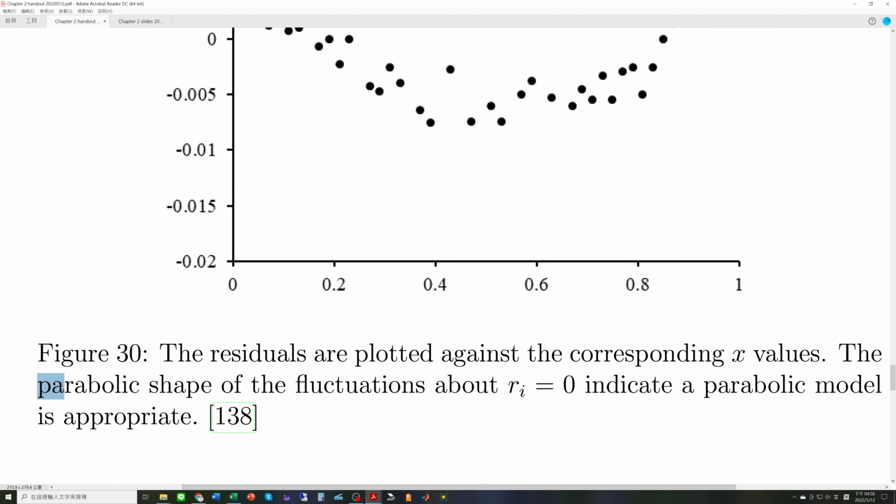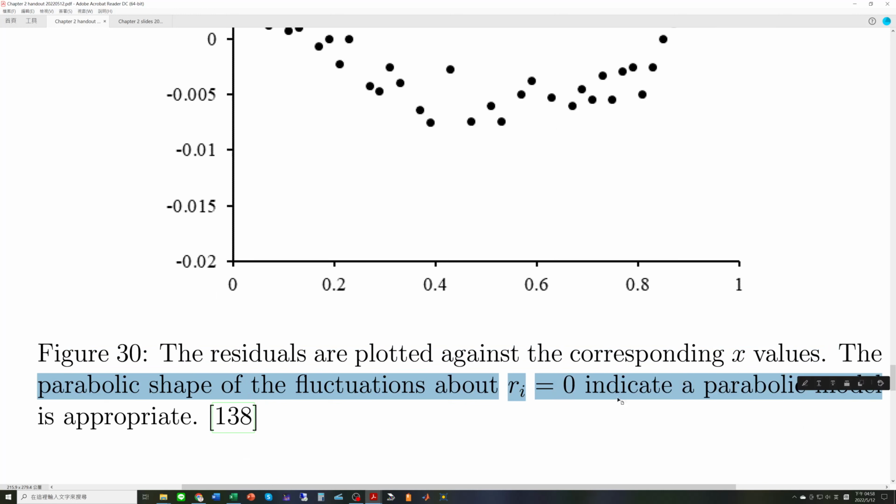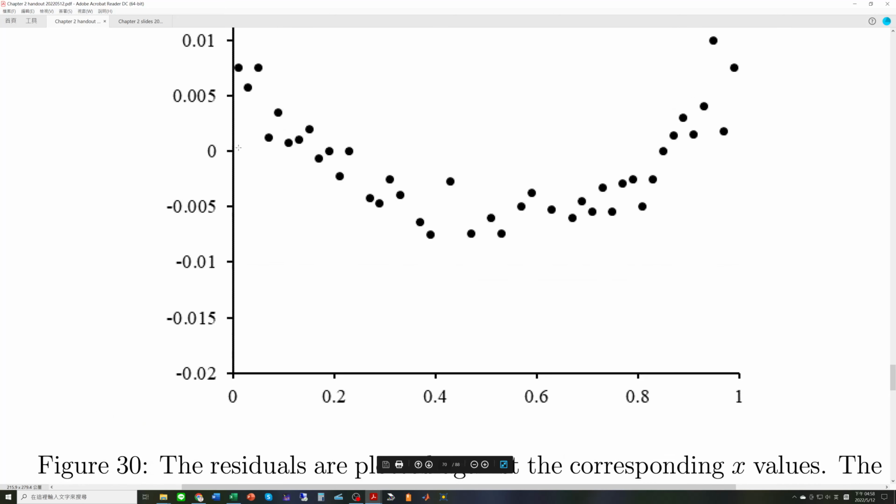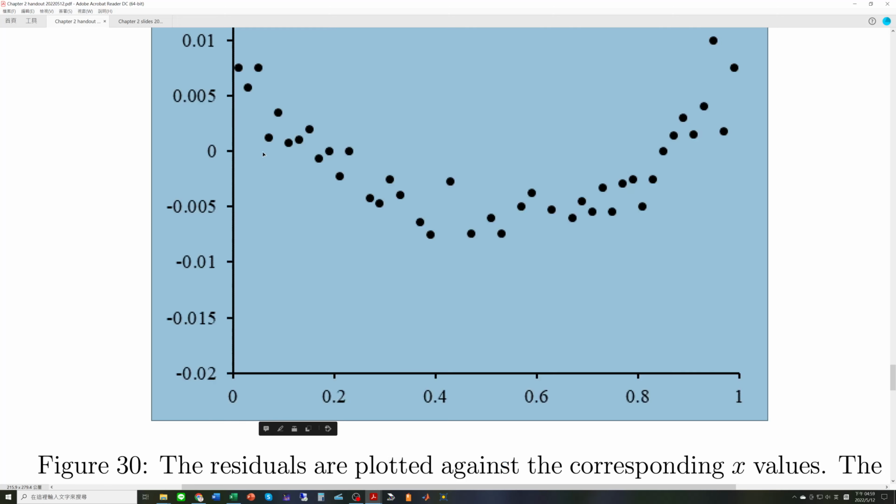The parabolic shape of the fluctuations about Ri is equal to 0 indicates a parabolic model is appropriate.